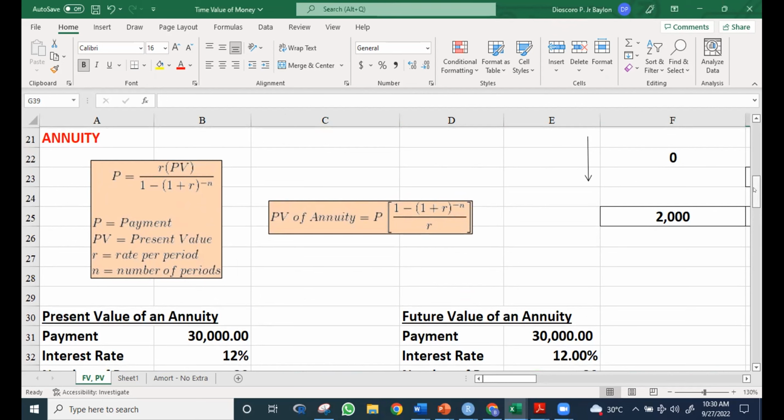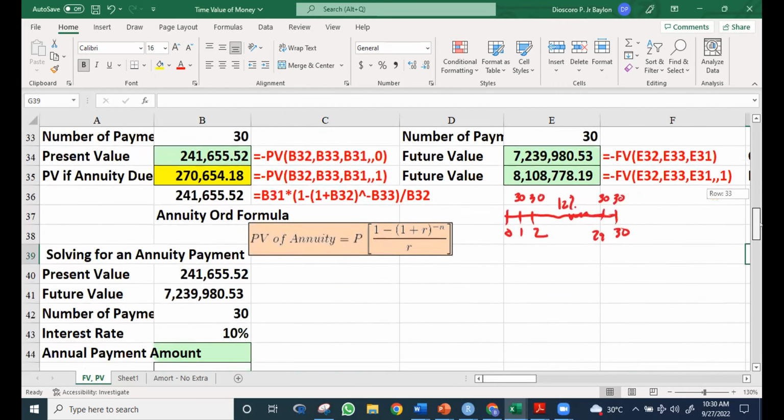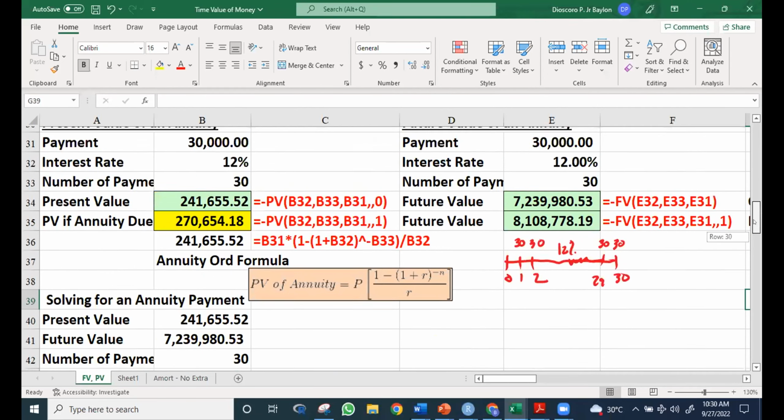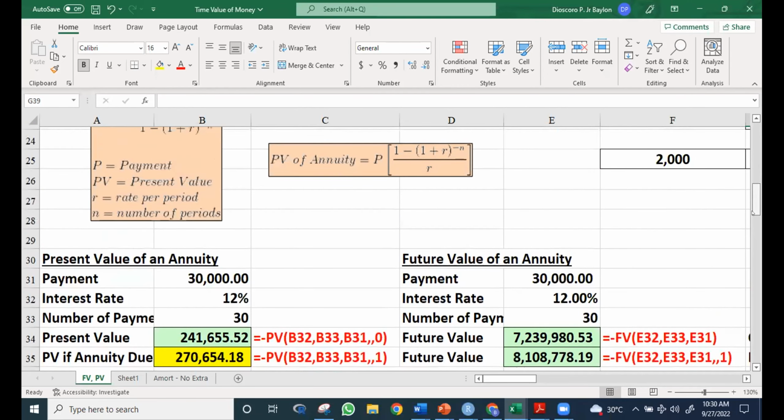Now, you can reverse the process, guys. We can compute for the PMT, and this is the formula to compute for the PMT. Now let's see. Okay, let's do this, that's the next problem. So let me copy this formula here.